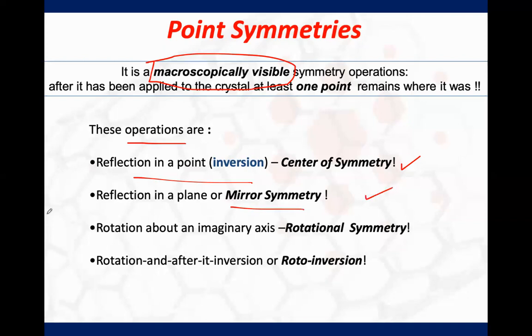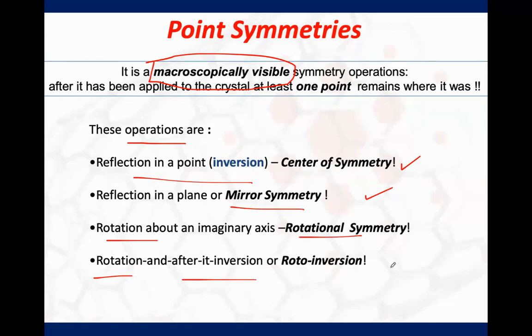And rotation, right? Then the rotation about an imaginary axis, because the symmetry axis is not physically existing, so we have to take an imaginary axis to rotate the object. That is what you call rotational symmetry: one-fold, two-fold, three-fold, like that. And then we can combine two operations, rotation and, after it, inversion.